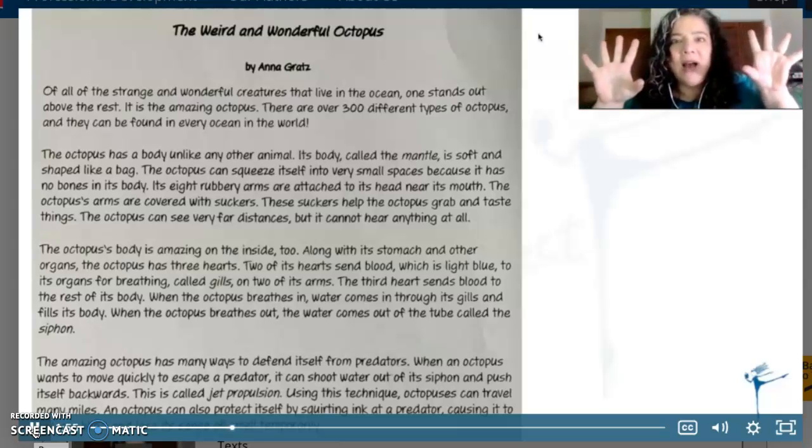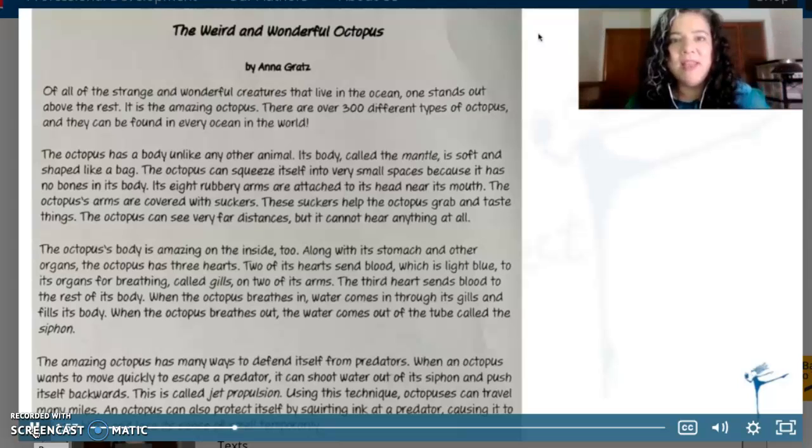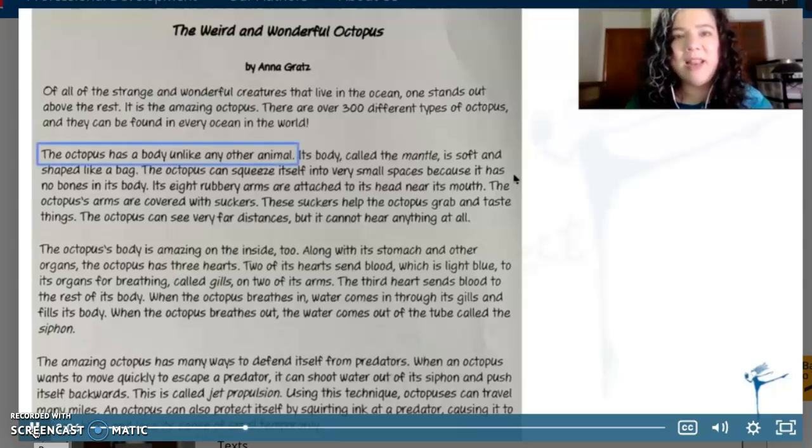It popped out and gave me the main idea. Right here in this first sentence, it says, the octopus has a body unlike any other animal. So I put a box around that sentence, and it became the box of my boxes and bullets.